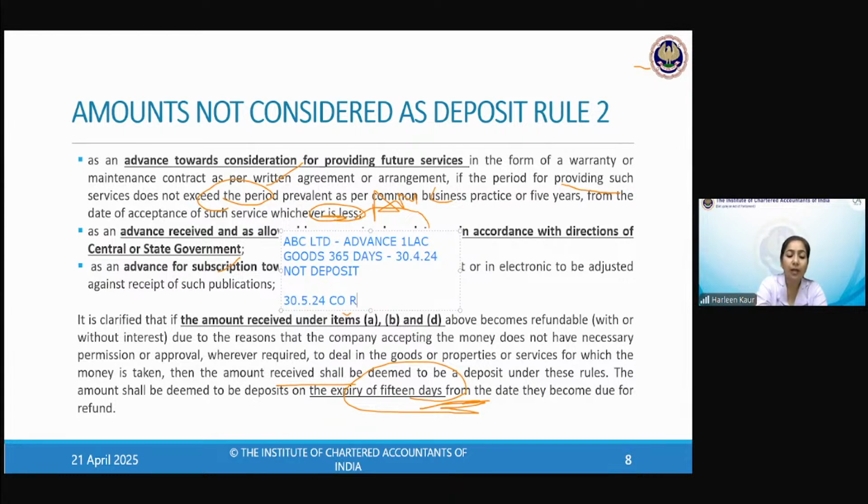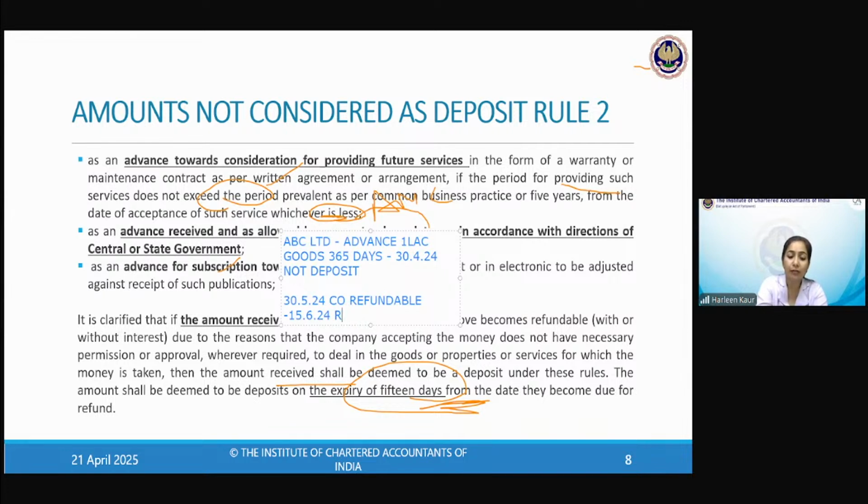Now, if the amount has become refundable due to any of the reasons, any event has occurred due to which the amount has become refundable, then 30th May this event happened, within 15 days, that is 15th June, till 15th June, this amount shall be refunded.